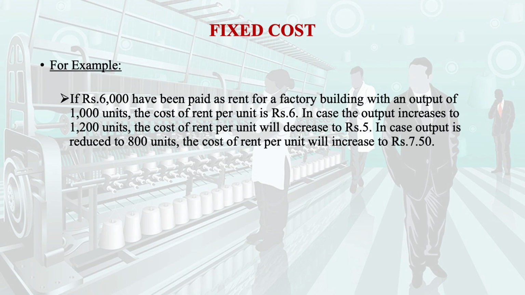Now suppose the output is increased to 1,200. If I ask you to calculate the cost of rent per unit, it will come to rupees 5. If the output is reduced to 800, the cost of rent per unit will increase to 7.5.